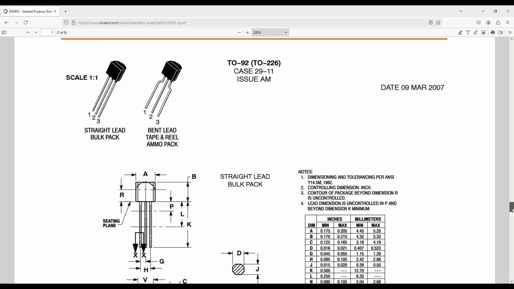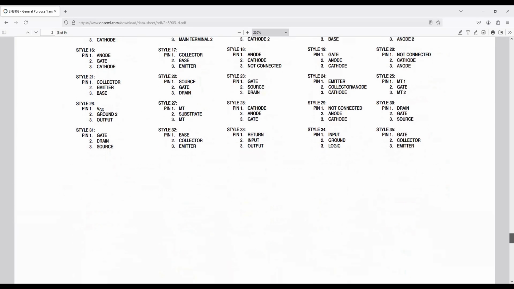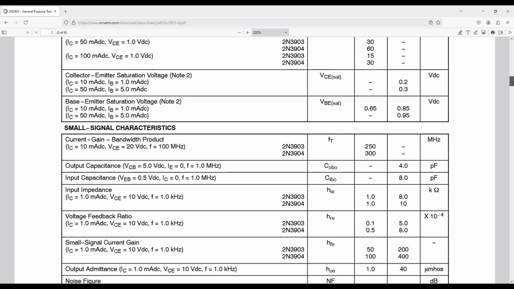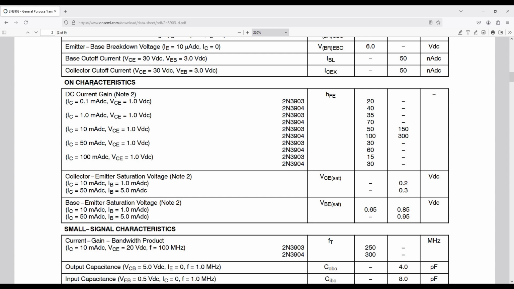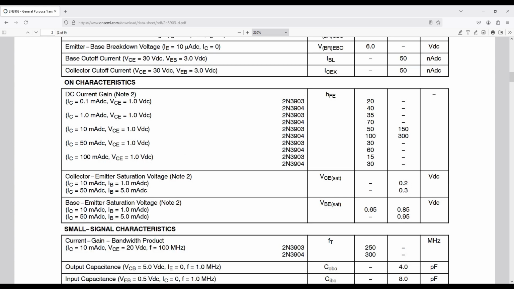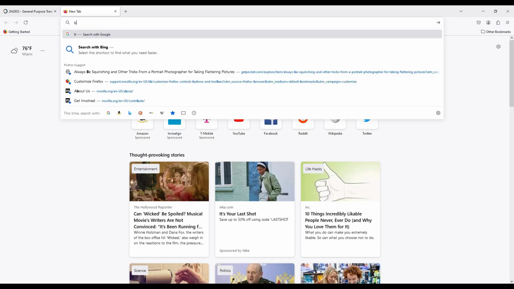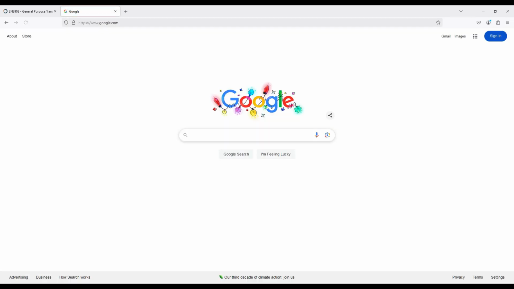I really kind of want to know something simple, which is just, hey, what voltage are you expecting? It must be in these charts. On characteristics, okay: collector emitter saturation voltage, base emitter saturation voltage. This sounds like something. Really, the base is what I'm worried about. Let me use the suggestions from Google to also help me.